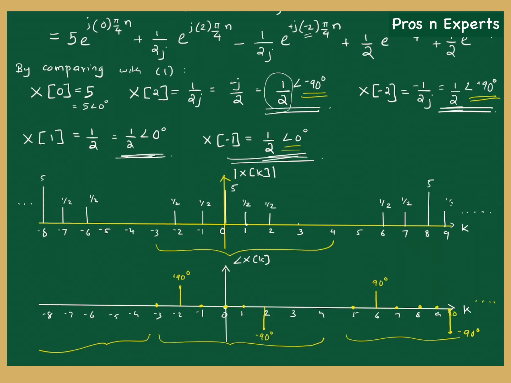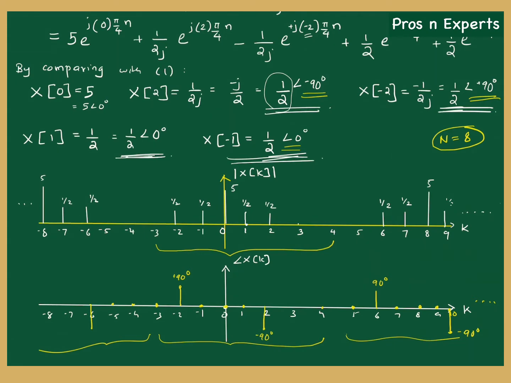And it repeats. At -6 we will be having -90 degree, because this value repeats at -6, right? N equal to 8 is the period.